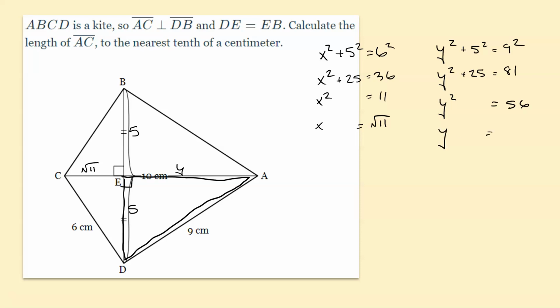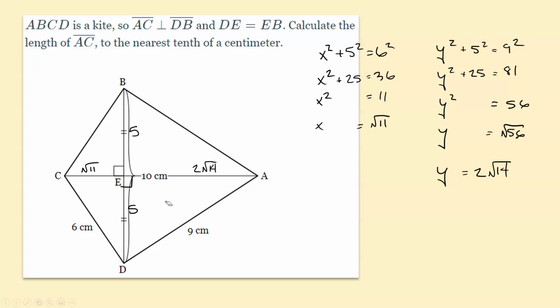Square root both sides. And square root of 56 simplifies to 2 root 14. So y, in this case, equals 2 root 14.